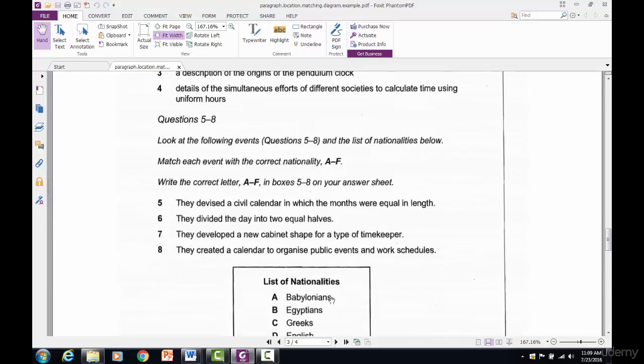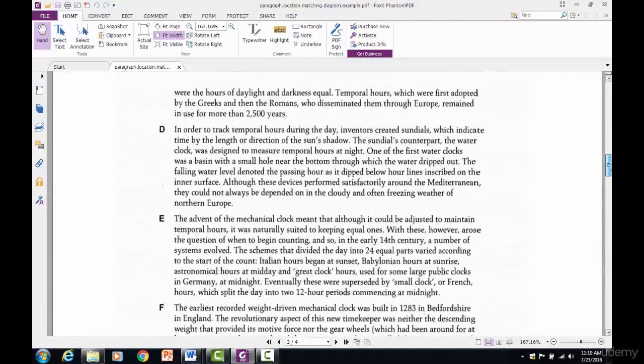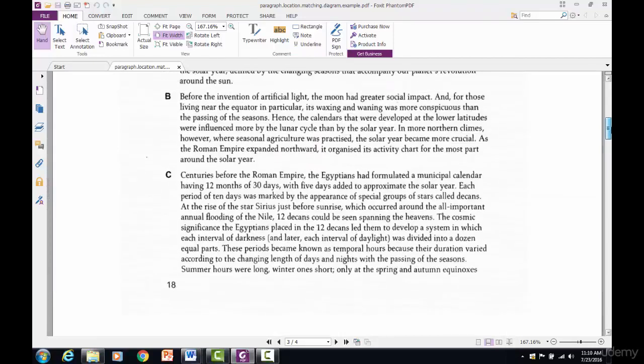So on our answer sheet, we would put A as our answer for number 8. All right, so now let's look and see what it says for Egyptians. Here's Egyptians right here.